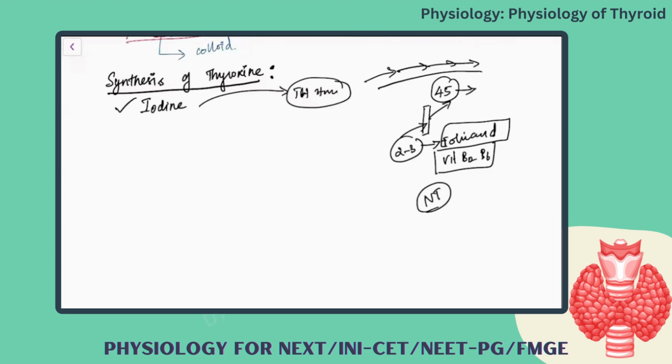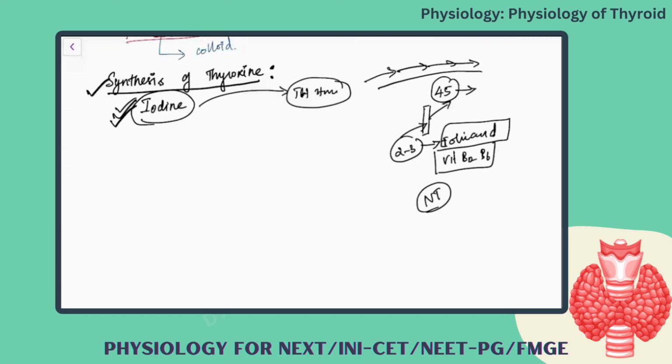Okay, clear? So that is why this thyroid hormone and the iodine level is considered a major concern in pregnant women. Okay, so how is this iodine going to have its role in the synthesis of thyroxine?